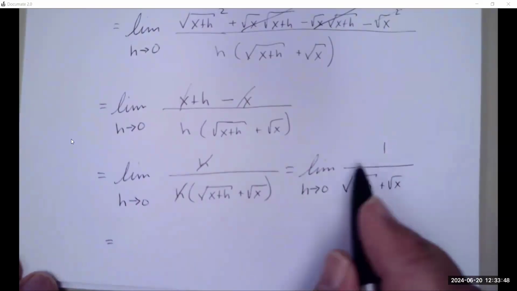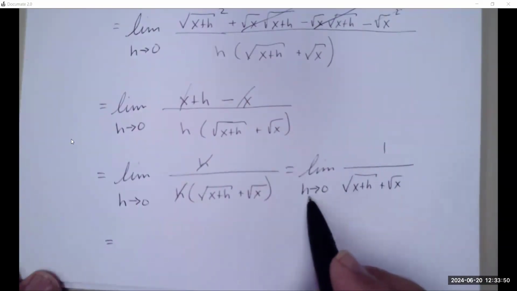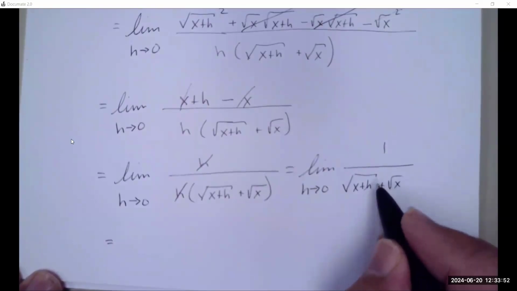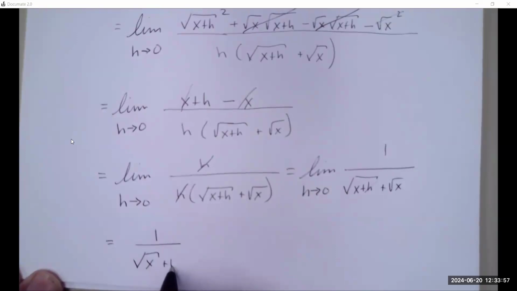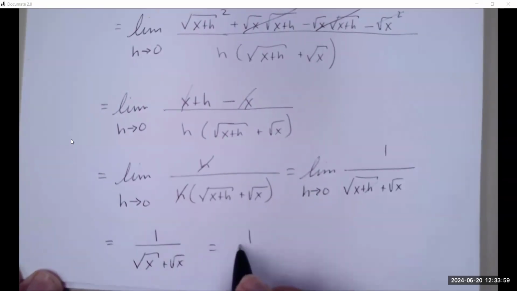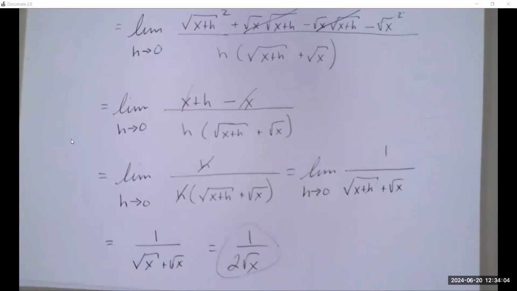We can't do anything algebraically anymore, so we take h at 0. So we get 1 over radical x plus radical x equals 1 over 2 radical x. Okay, that's the first part. Any questions about that?